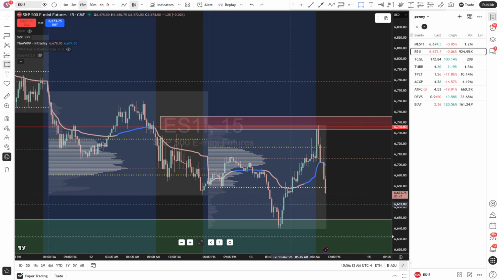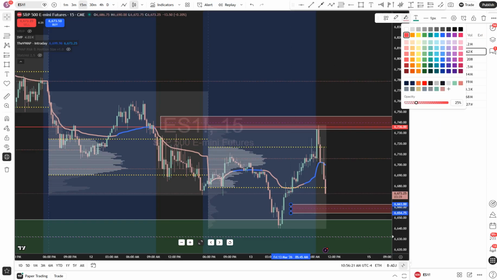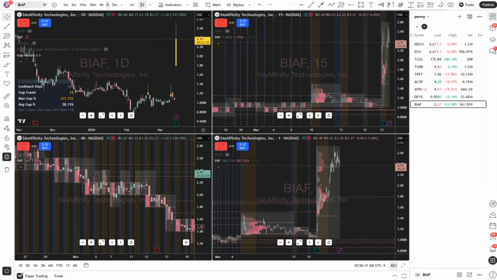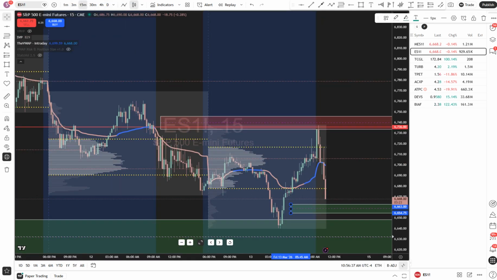You might even think about taking a long if you get a reaction off of the level. Okay, so now this is the ES. It's the hardest market in the world to trade, but this works phenomenally well on penny stocks. Phenomenal. Okay, so I just thought I'd share that with you guys.